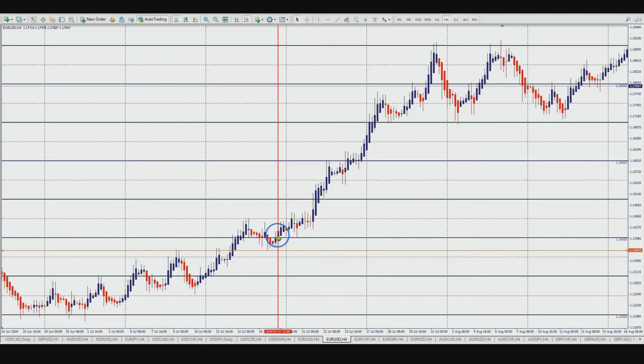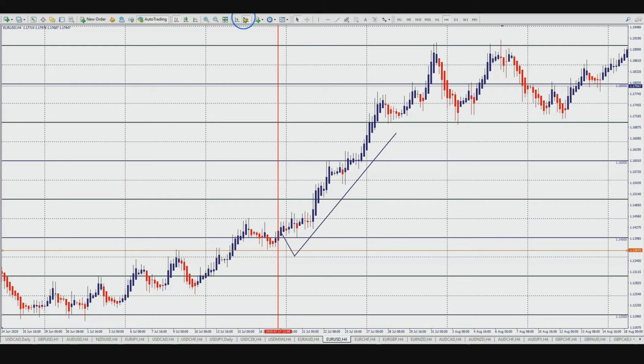But what if I'm wrong? What if price would have gone down right here, created another move to the low, another swing low going into the next week, and then went ahead and skyrocketed up in the direction that I thought price was going?